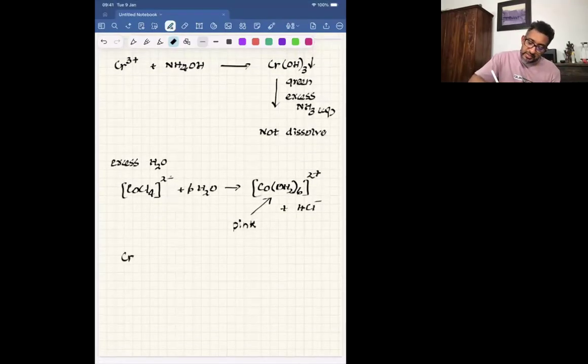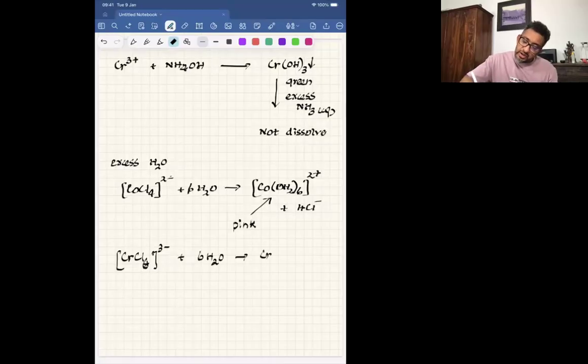Chromium also like that. CrCl6 3 minus plus water. What does it give you? It gives you Cr aqua complex, which is bluish purple in color.